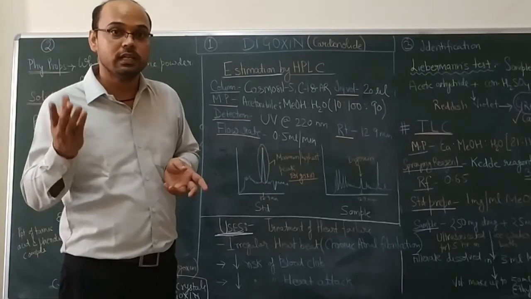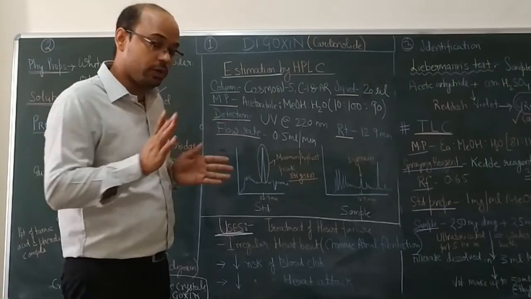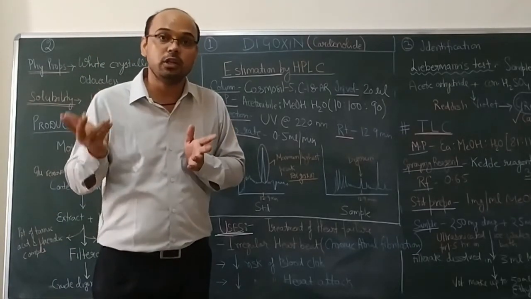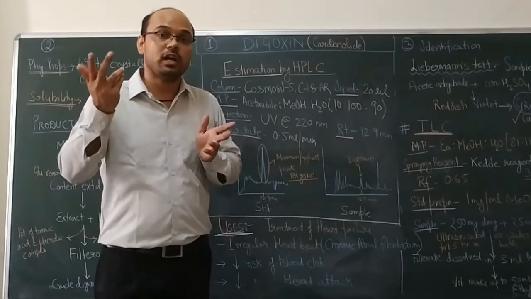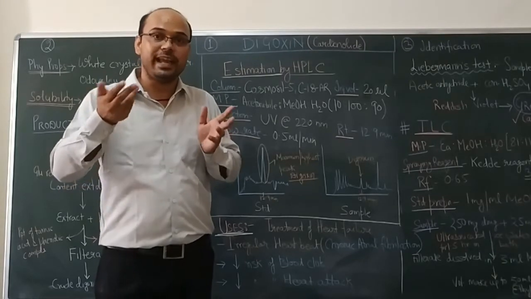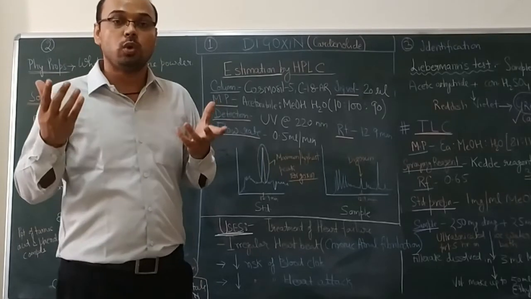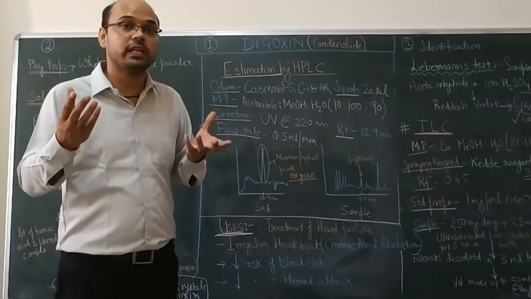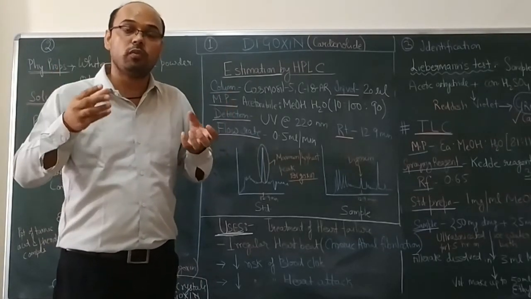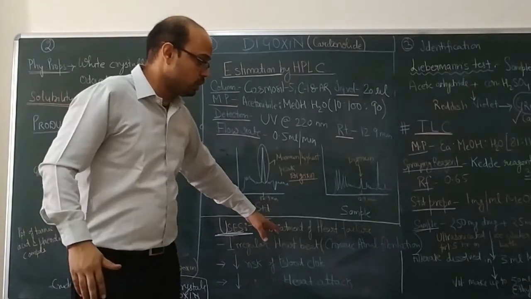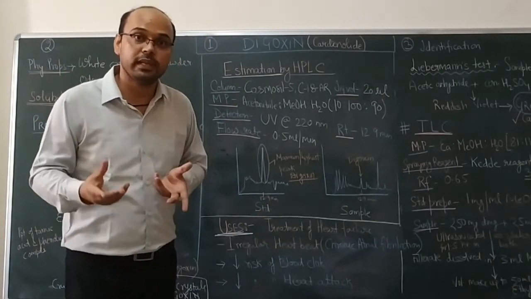If we talk about the utilization of the drug, since it is a cardiolide, it was given this name because it acts on the heart muscle, as we have also seen in the mechanism of action. So this phytoconstituent is quite useful for treatment of various heart diseases. It is used in the treatment of heart failure.